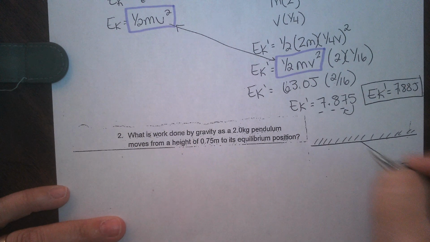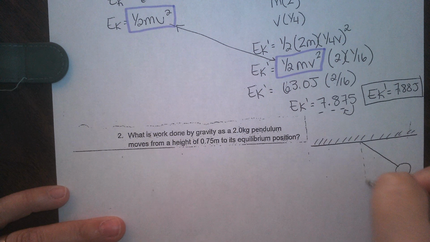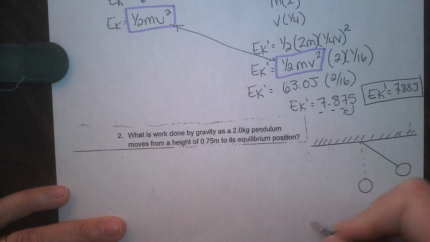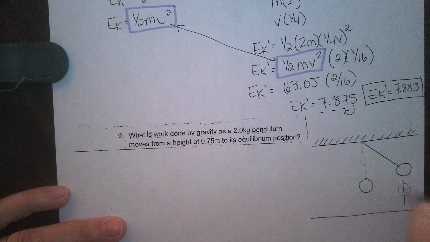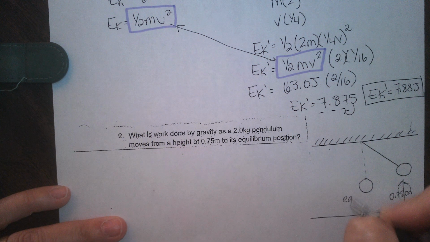It's going to swing to an equilibrium position, and it says that it moves from a height of 0.75 meters to its equilibrium position. If this is the floor, this is 0.75 meters. It's going to move from 0.75 meters to this equilibrium position.